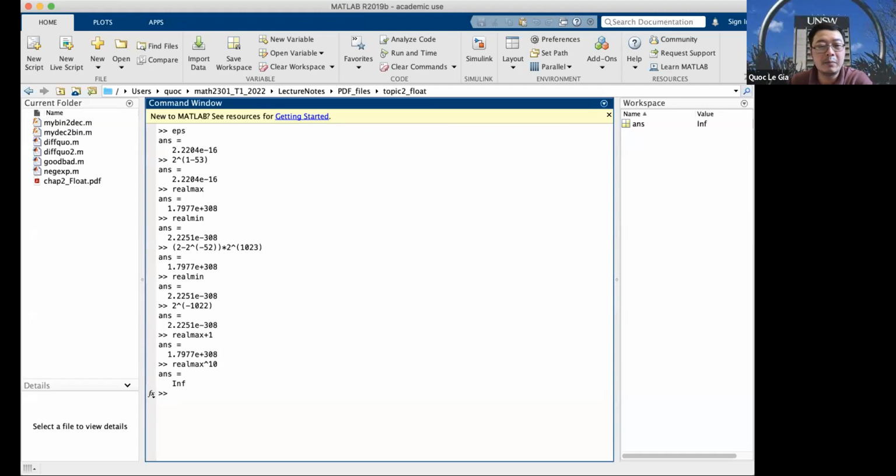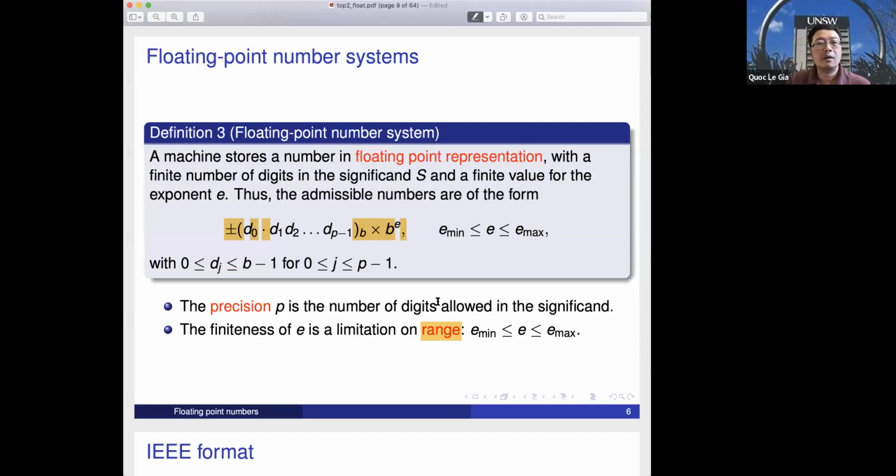So now let me show you what happened in the past. There were consequences of misunderstanding floating point numbers. Go to the slide again.